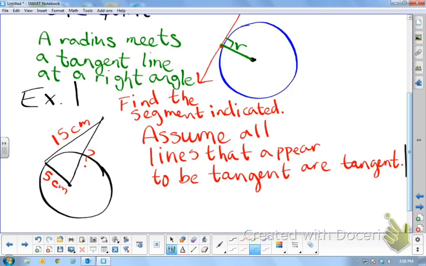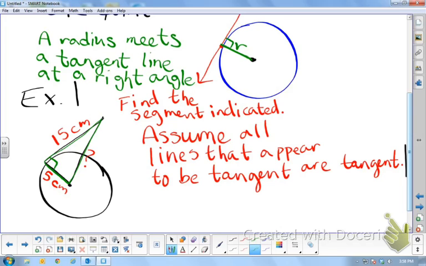So we just learned a property that says something happens when our radius meets our tangent line. We know that that is always a right angle. And the reason we need this is because now we have a shape on our circle. We have a triangle on our circle, and specifically it's a right triangle.